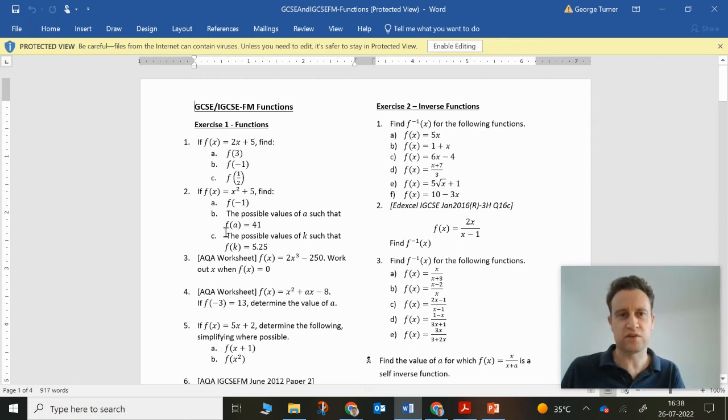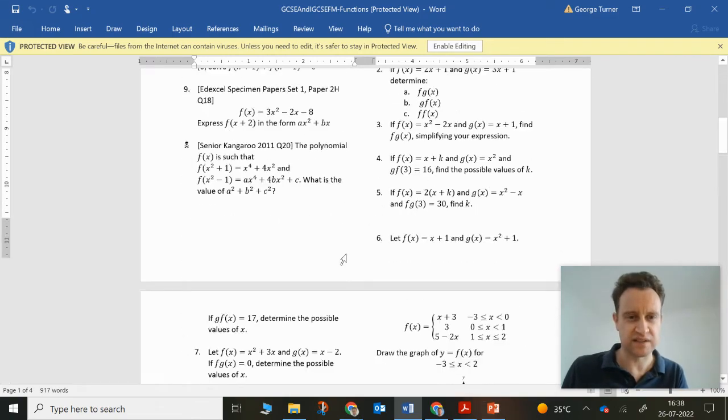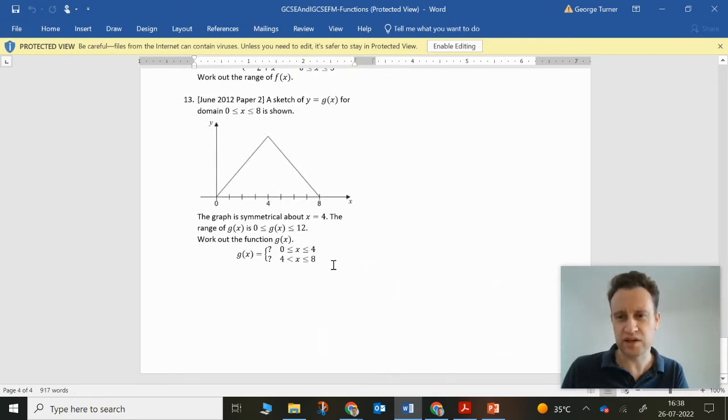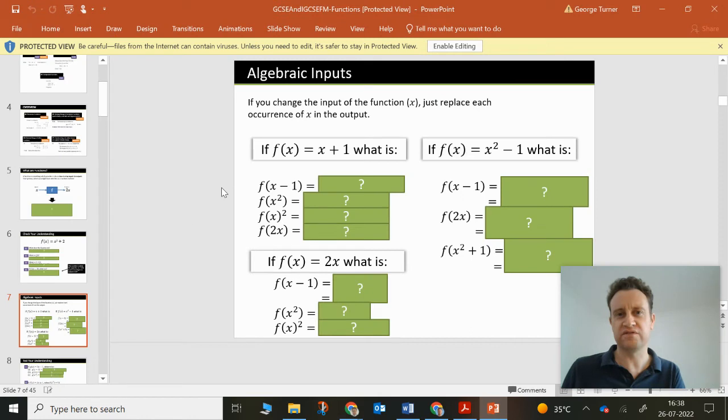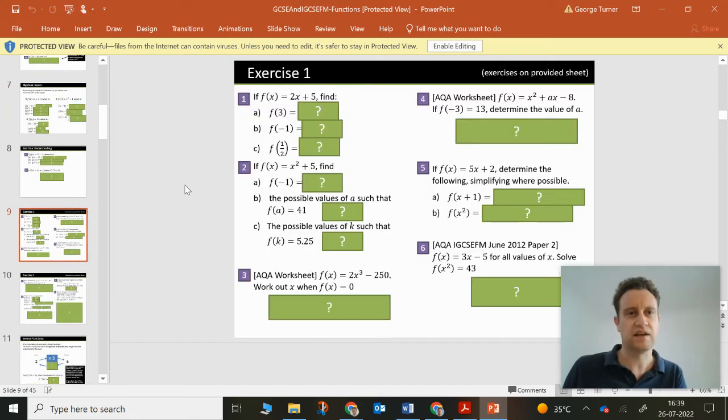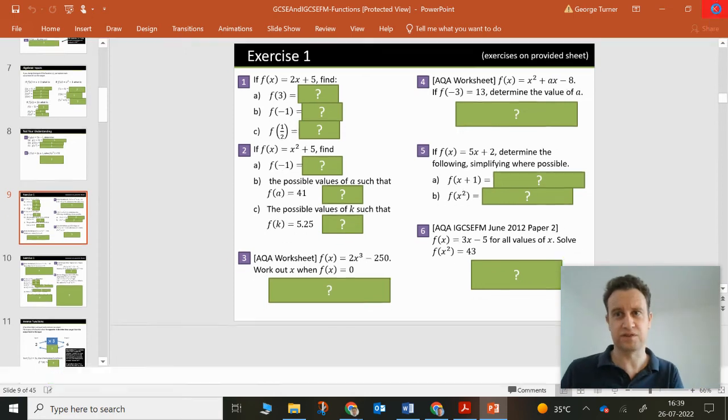In this case, the document that you can download gives you the exercises, which relate to the PowerPoint where you can find the answers. There's tons of functions questions, including loads of exam questions. You can reveal the answers as you go through the PowerPoint at the same time. So it's a brilliant resource, but it's a massive resource.